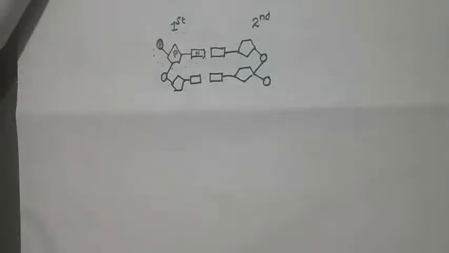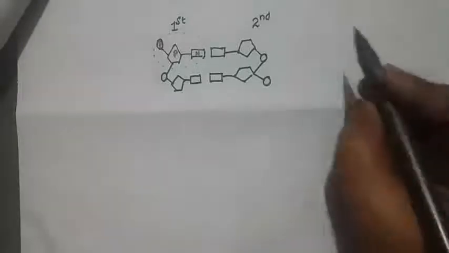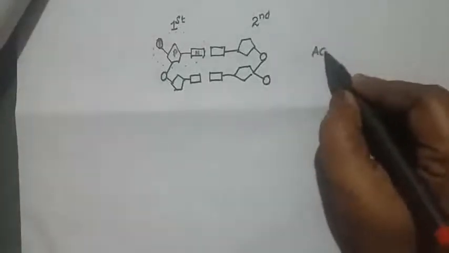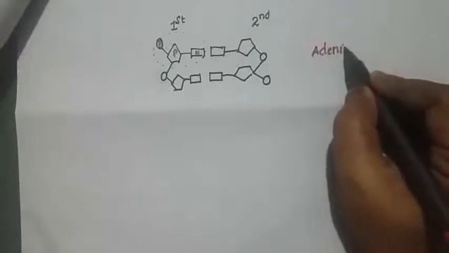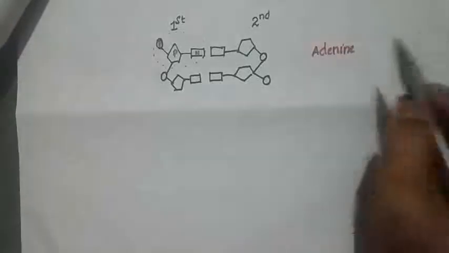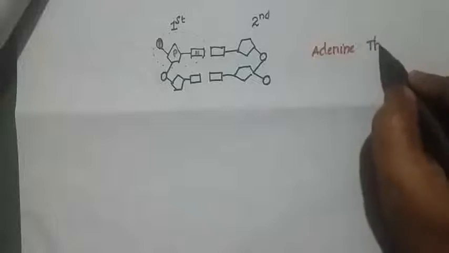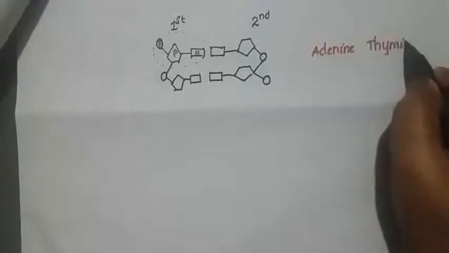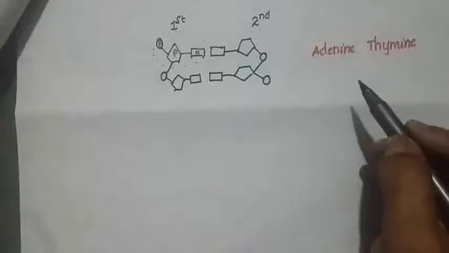And children, the arrangement of nitrogenous bases is always complementary. What do you mean by that? We find always adenine along with the thymine. So you can call it a complementary pair.